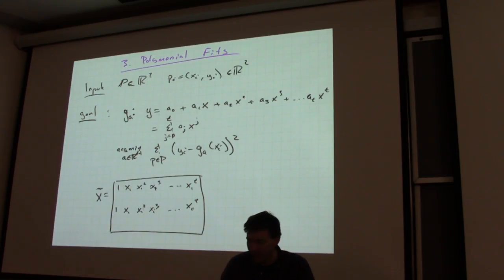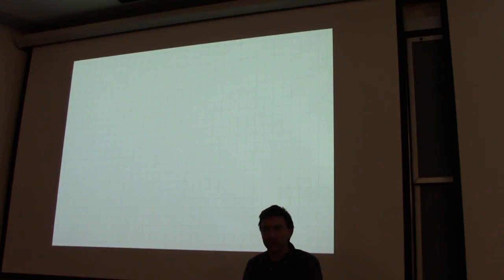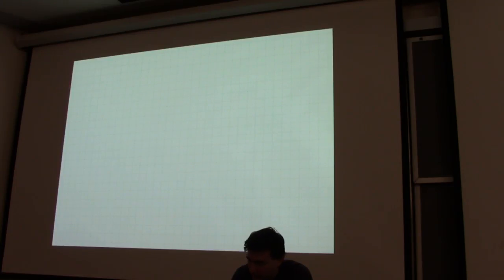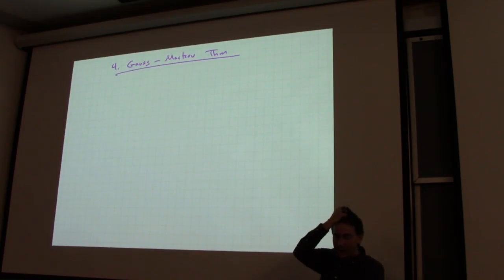Okay, there's one more cool thing about this. It basically says that this is optimal, and then we're going to say, well, maybe it's not optimal. But the fourth cool thing is the Gauss-Markov theorem.